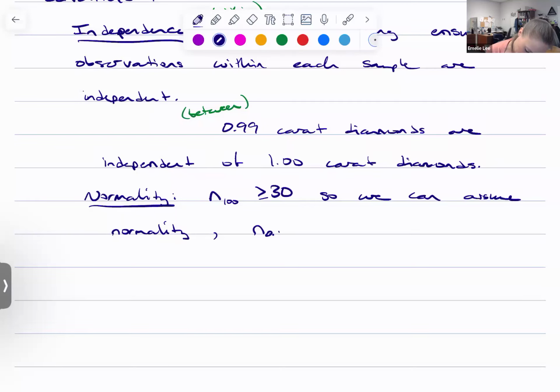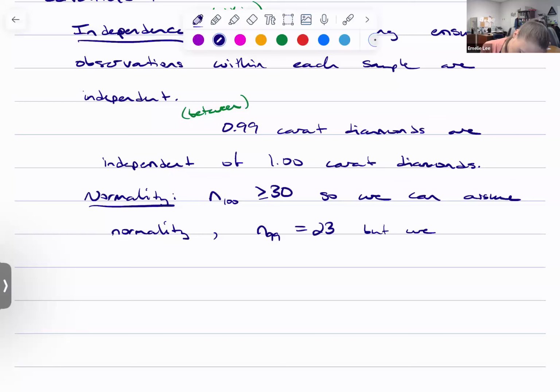N of 0.99 or 99, I guess. Be consistent, Emily. I haven't been. Is 23, which is not less than or greater than 30, so we have to assume normality.